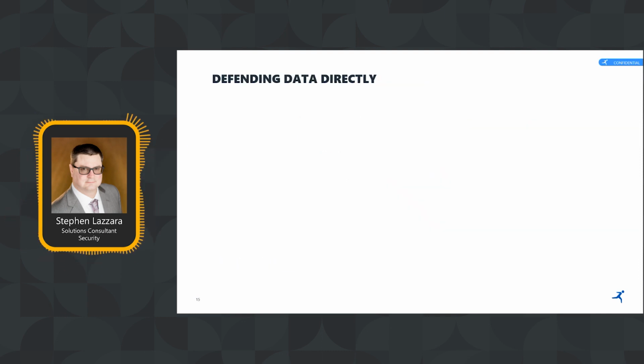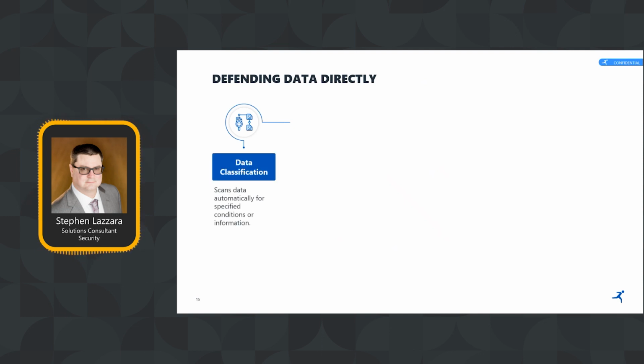So the way that Microsoft leverages Purview to create this data protection model is through the metadata attributes, and that's leveraged on the data itself. And you start with classification. Purview will scan the data automatically, looking for specific conditions or information around the data, where it's stored, what's in it, the information there, and how it's being used with classified trainers.